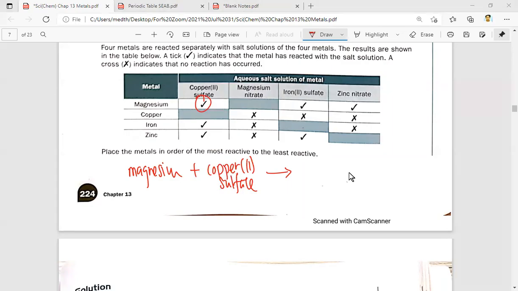As I say again, if magnesium is more reactive, it will actually kick the copper out. So we have to ask ourselves, comparing magnesium and copper, what are their reactivities? Where are they in the reactivity series?